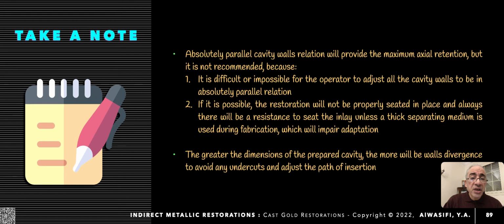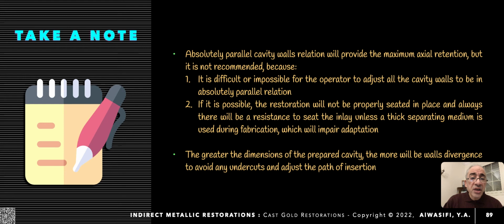You may need to remove from the fitting surface and violate the relation between the fitting surface and the tooth structure. That's why absolute parallelism is not practical and is not reliable.